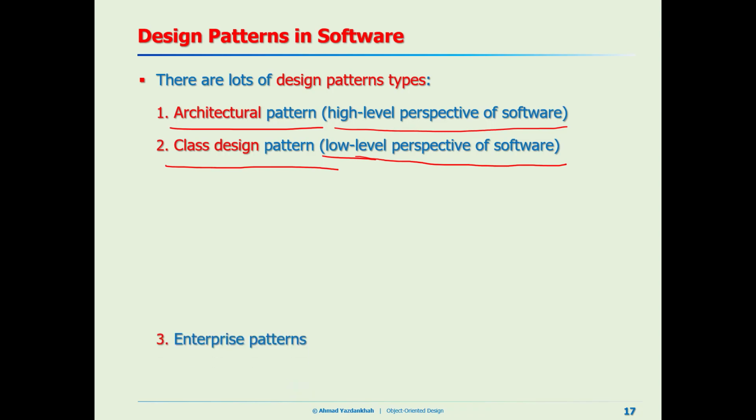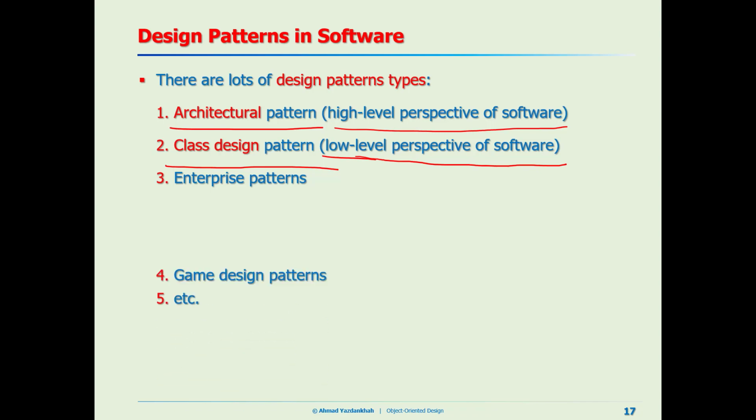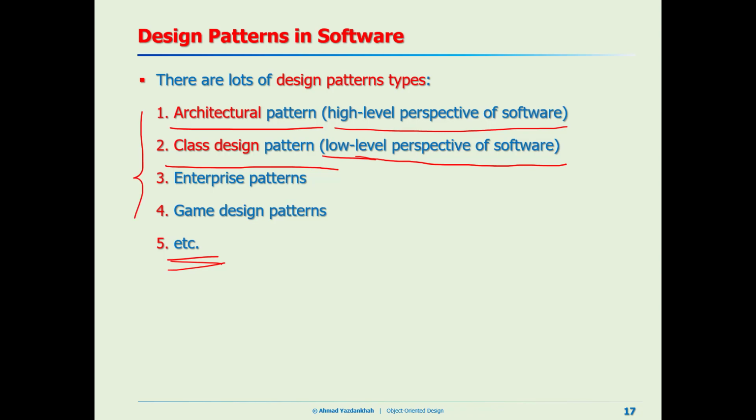Also, we have enterprise patterns when you want to create enterprise software. Also, we have game design patterns and so on. We have a lot, right? But those that are in the scope of this course are the first two.